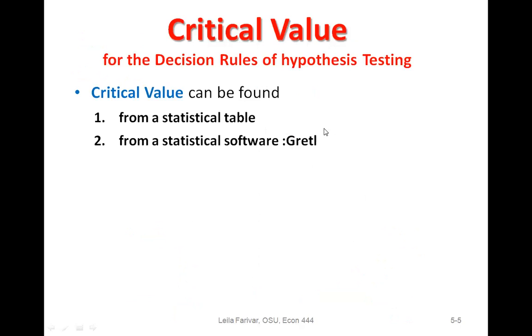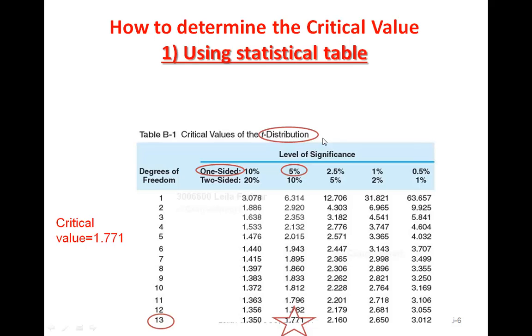Now critical values, those border points, can be found from a statistical table or from statistical software, which is Gretl for our class. In this video we will look at the table. You have a handout of this table. This table is also at the end of your textbook. And at this point, we know all the information we need to be able to use this table. So first of all, we need to know what type of test we are dealing with. Is it a one-sided test or is it a two-sided test?